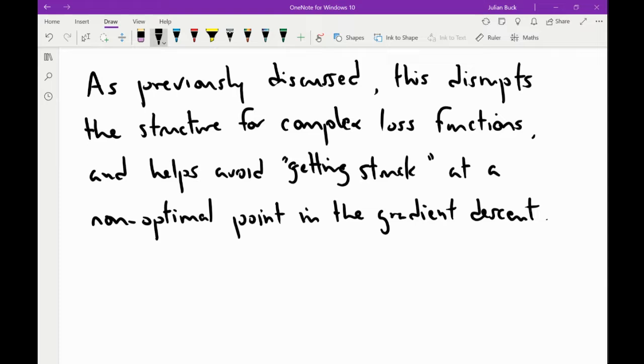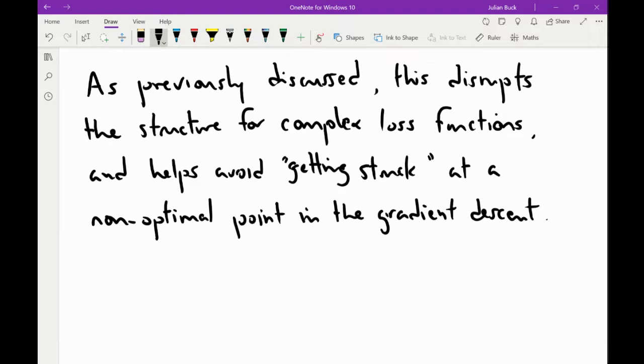So the idea was that if you have some complicated loss function, it could have many local extrema. It could have plateaus in other areas and saddle points and places where the gradient is either close to zero or not behaving in a very predictable way. And so you try to avoid that.